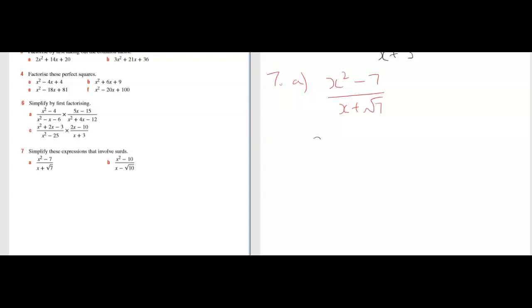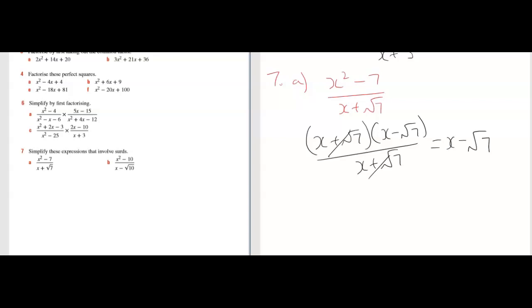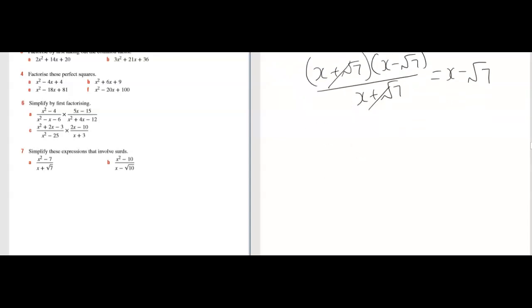So we're going to have on the top x plus root 7 times x minus root 7. And that's all over x plus root 7. So when we simplify it, we can cancel out the x plus root 7, and we're just left with x minus root 7.